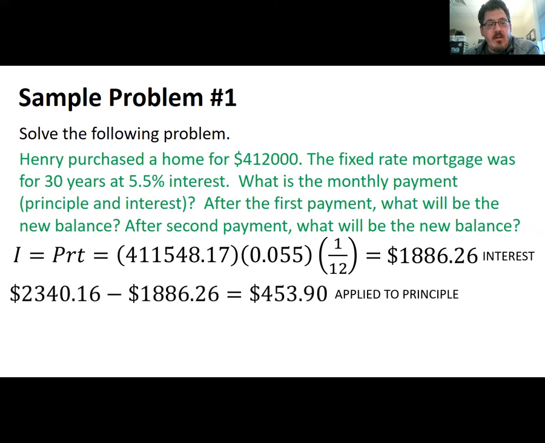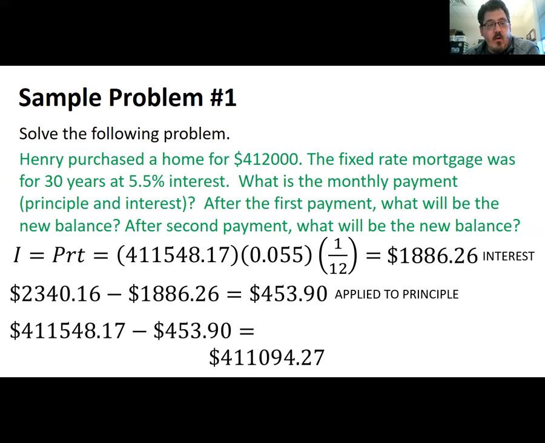We're still making the same monthly payment. So we need to subtract off the interest from that monthly payment. And in this situation now, $453.90 is what's going to be applied to the principal. So we go to our balance of $411,548.17.